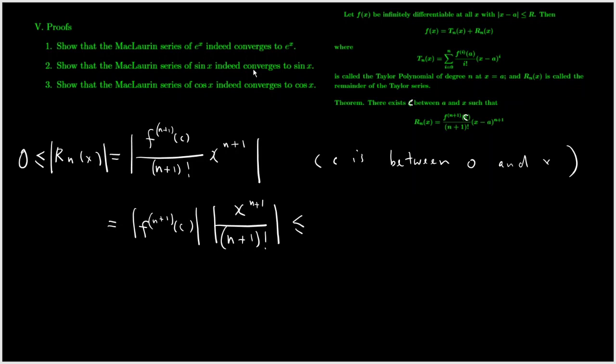And then the whole thing is less than or equal to, on the numerator you have x to the power of n plus 1. On the denominator you have factorial of n plus 1. So probably it's easier if I write the thing in this form. The numerator, I'm going to write that as the absolute value of x to the power of n plus 1. And then on the denominator you have factorial of n plus 1.